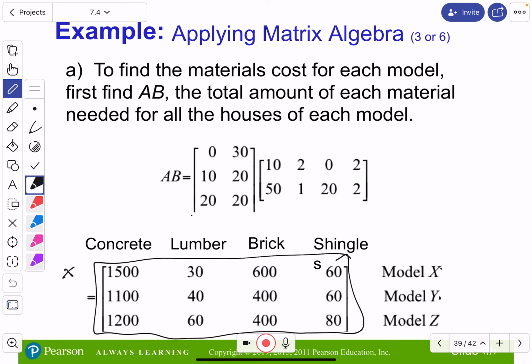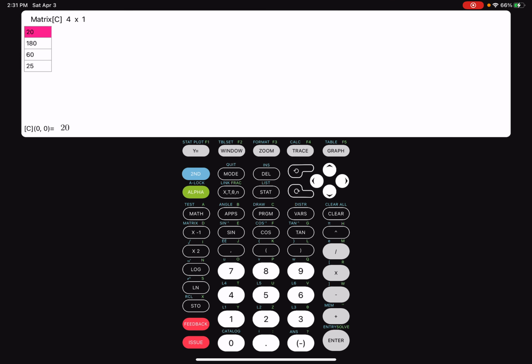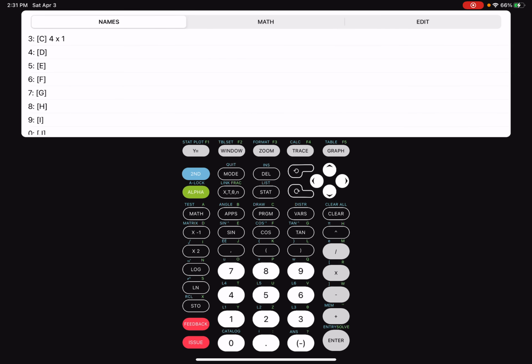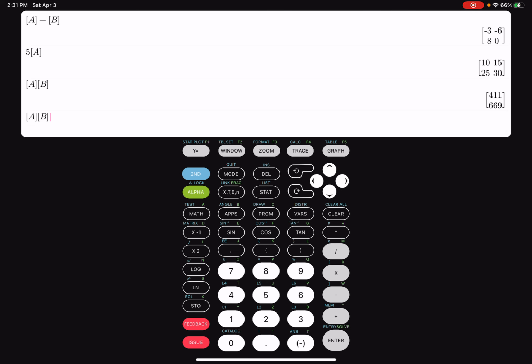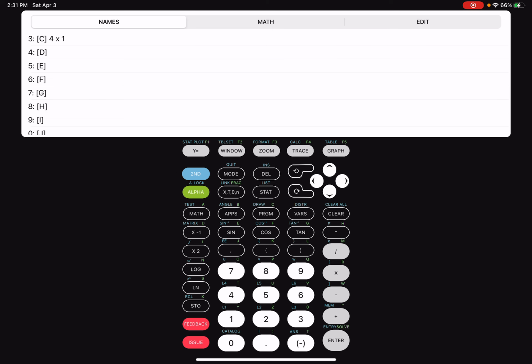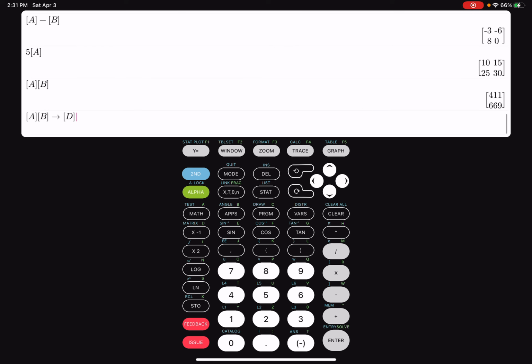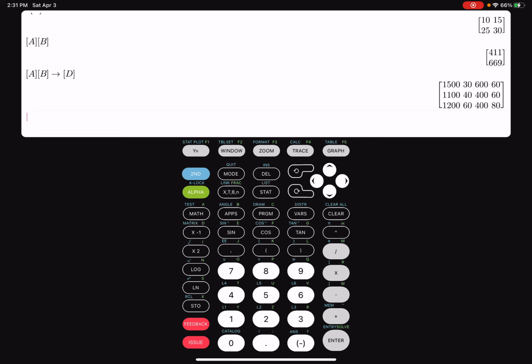It says it right over here. For model Y, model Z. Those are the parts you need. You can store that as D in your calculator. So if we did this out, second matrix A times second matrix B, if you use this STO button down here and then name matrix D, it'll put that in, and now that matrix is stored rather than having to type it.